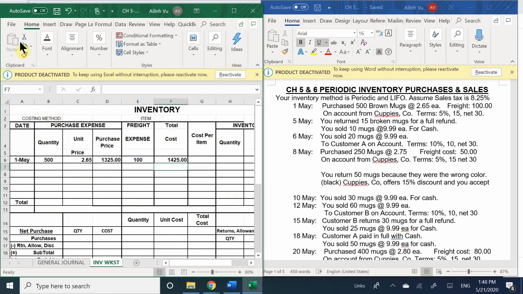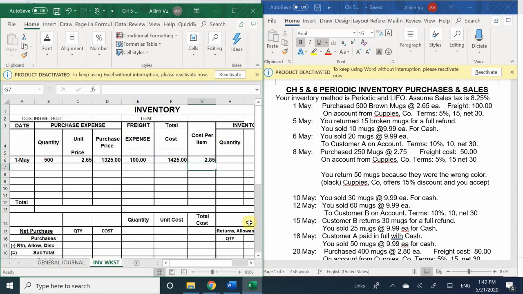And what method are we using? LIFO. So we need to calculate the cost per item. We take our total cost and divide it by our total quantity, which is 500, and we get $2.85.